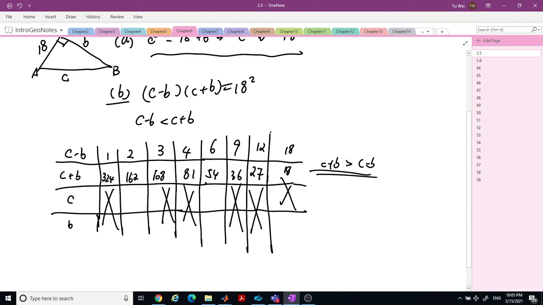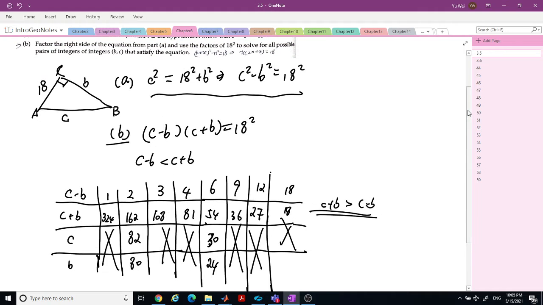The only answers are that 2 and 162 give us 82 and 80, and this one gave us 30 and 24. So this is the Pythagorean triple. We already solved it. If you want to write them down, the first is 18, 80, and 82, and the second one is 18, 24, and 30.